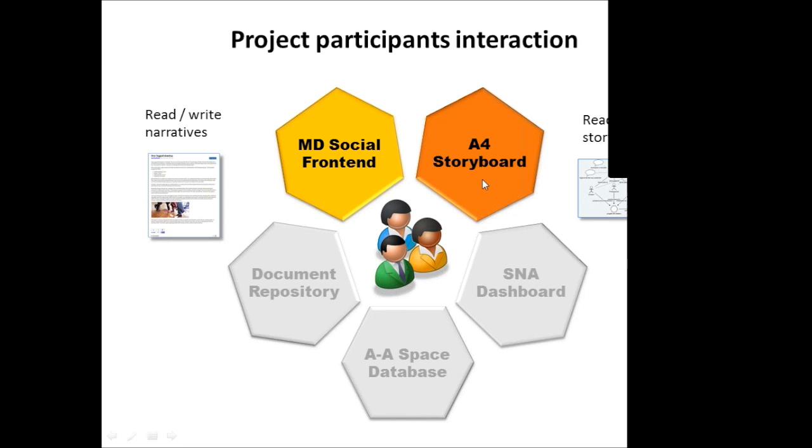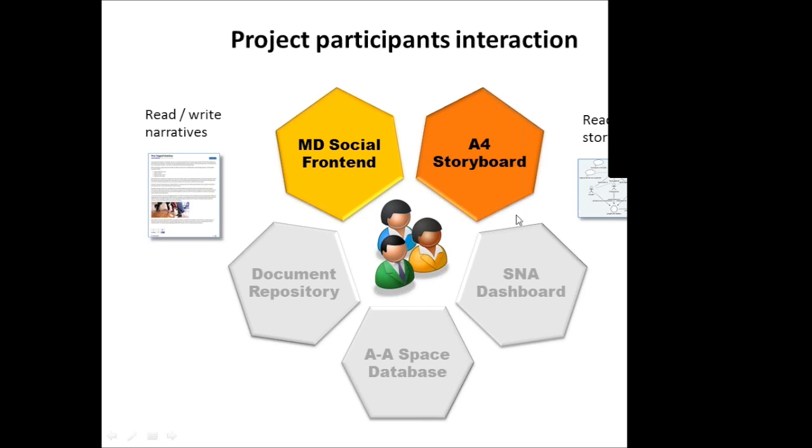The social front end is a web portal partitioned by communities, and in each community the participants can interact, and the assigned dynamic evaluator can work together with them. They can write and read narratives, stories, and they can see what has been extracted from the stories in the storyboard system.